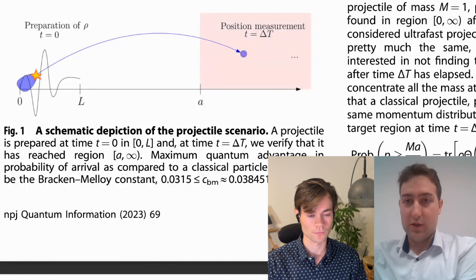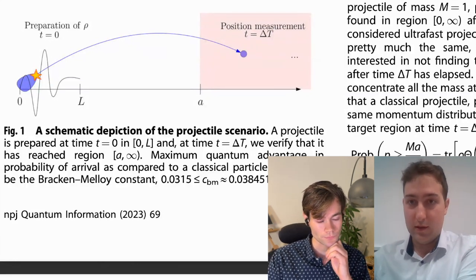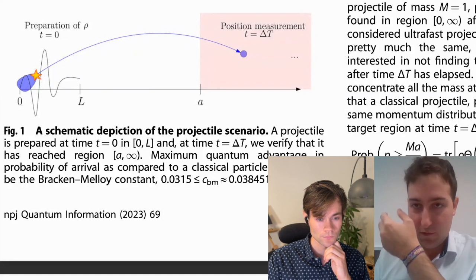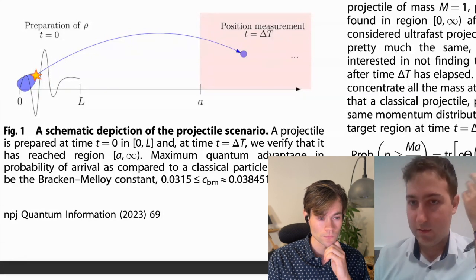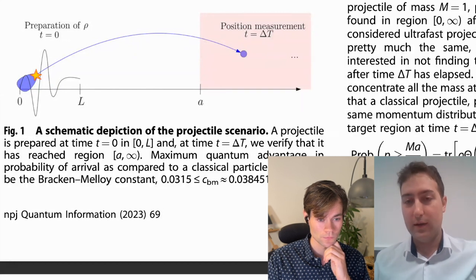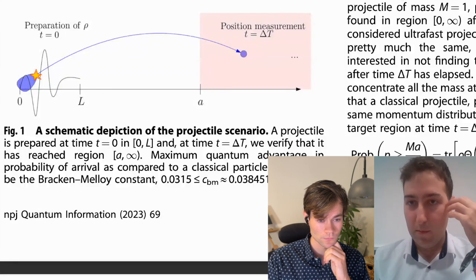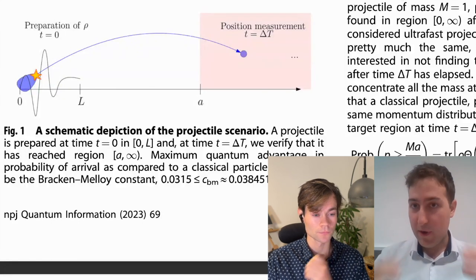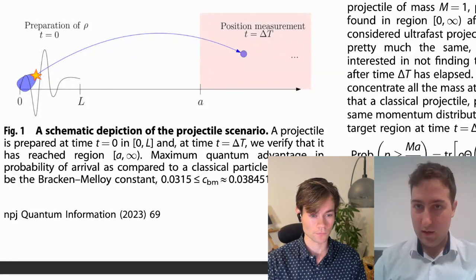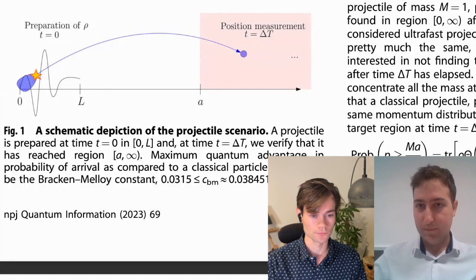Then measure the position, where you're interested in the position. So that's how you would set up an experiment like this. Of course, there are lots of problems with experimental setups that we do not consider here. For example, removing this barrier imposes some disturbance on the particle itself. It's complicated. But the setup would be like that: prepare a particle confined in a region in the particular state that we need, and then let it evolve.